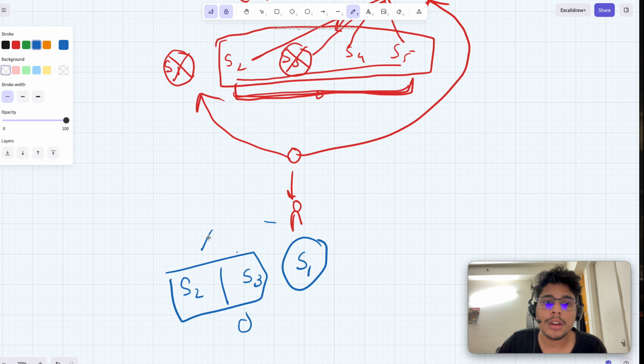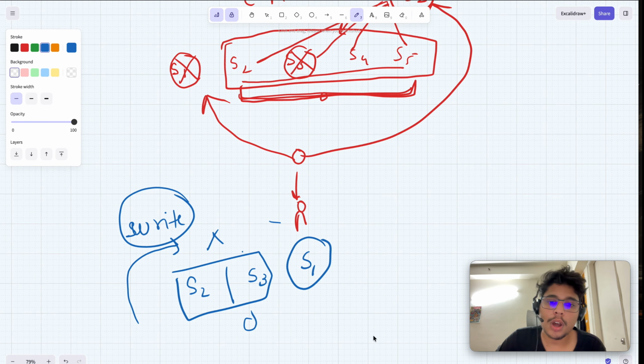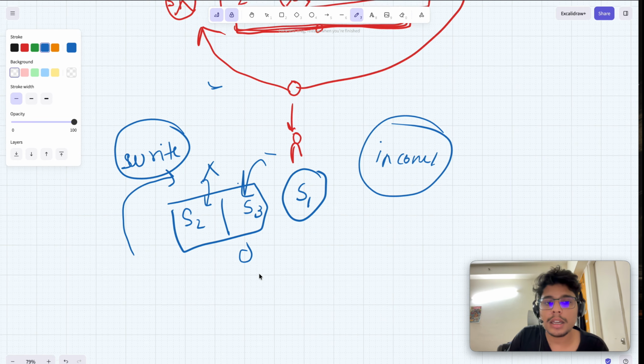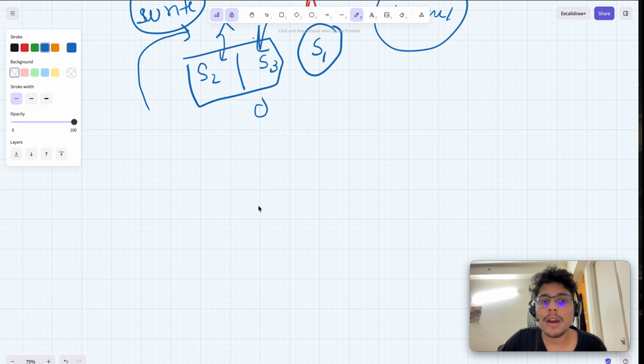It suggests we cannot give you a write operation, because S2 can store the data or S3 can store the data, and that might lead to inconsistency. So here we avoid it. This is CP.